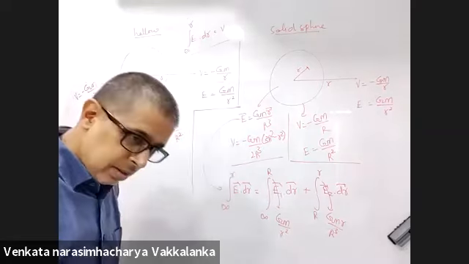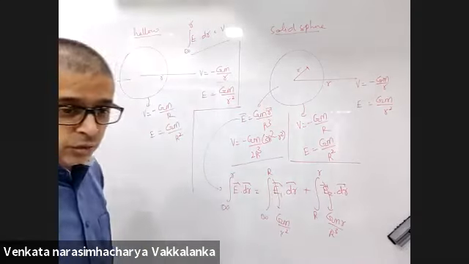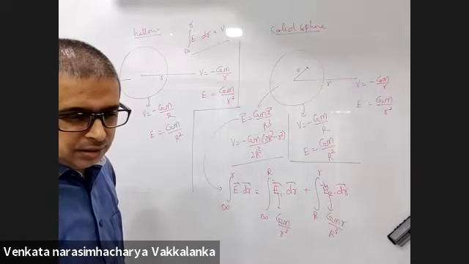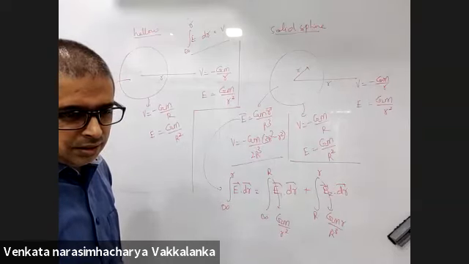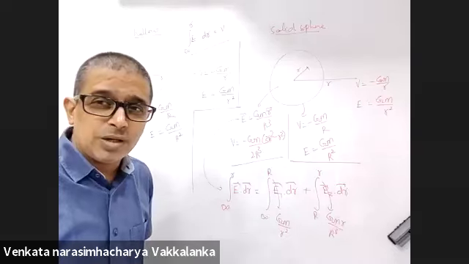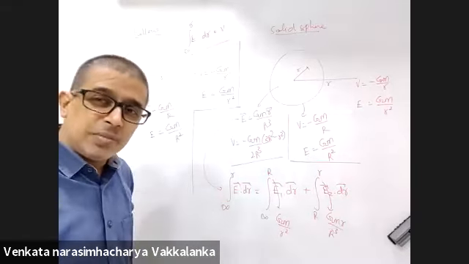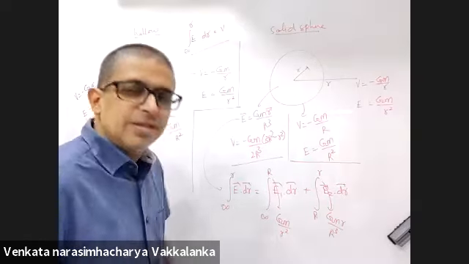We have to consider the vector E dot dr. Field is radially inwards, dr is also in the same direction. r is decreasing, so dr is negative.